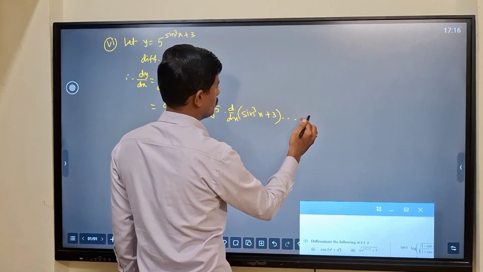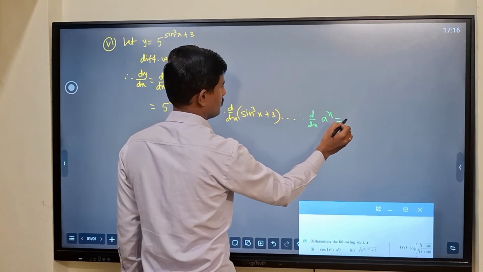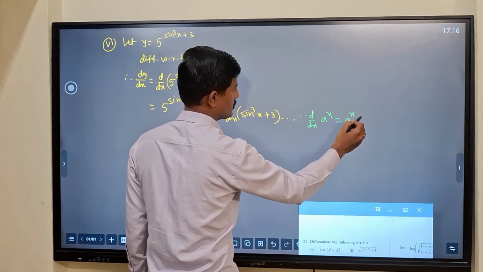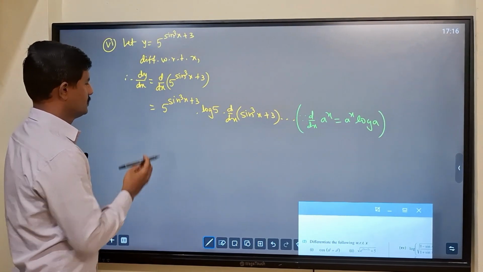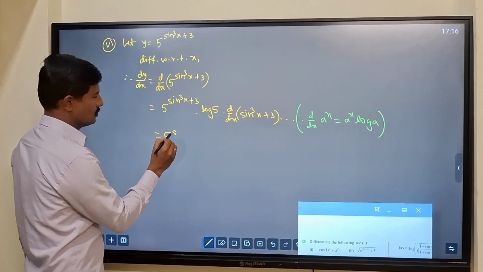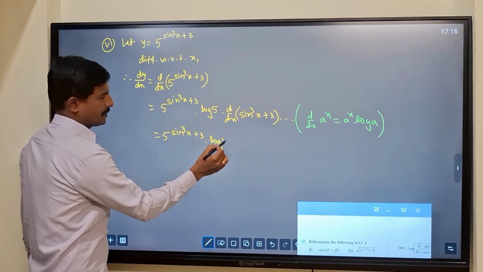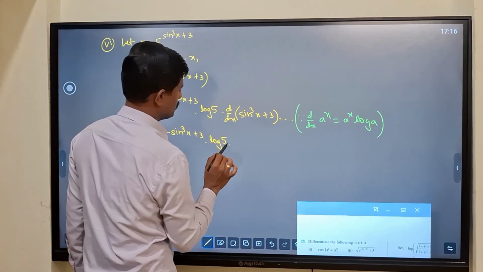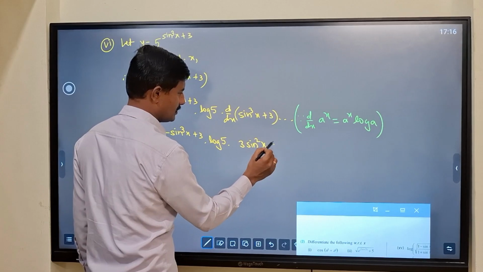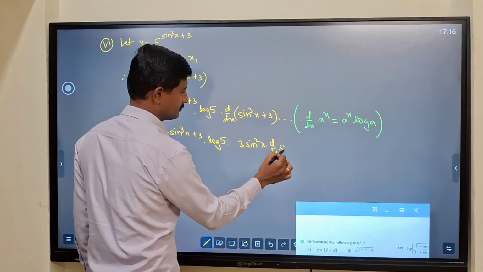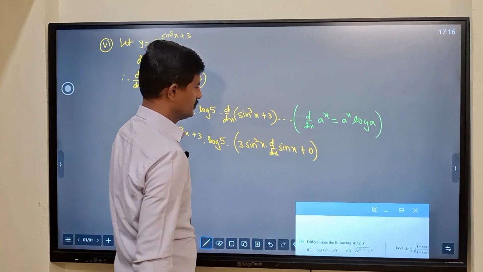Here we used the formula for d/dx of a raised to x, which is a raised to x log a. So this will become 5 raised to sine cube x plus 3 log 5. Differentiation of sine cube x is 3 sine square x d/dx of sine x, plus differentiation of 3 is 0.